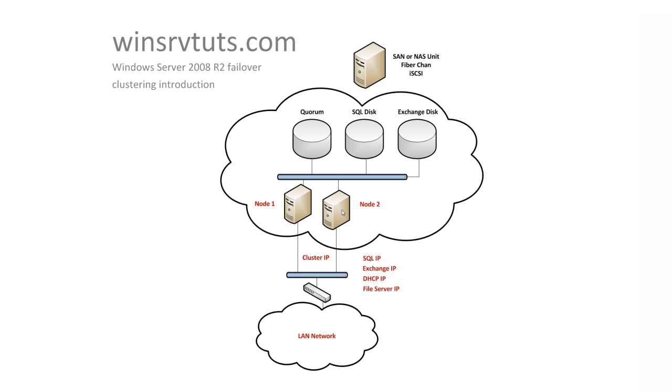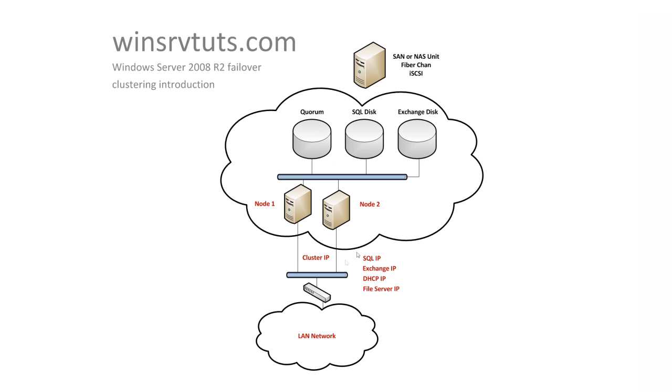If node 1 and 2 are up and the quorum disk is up, the cluster can function. What happens if node 1, let's say, goes down and node 2 takes over for node 1 and the quorum is available, the cluster resource will be available, but it would not be in a healthy state.